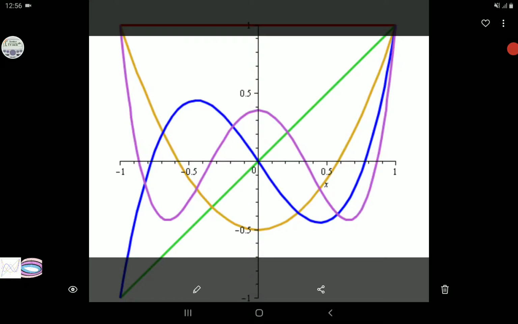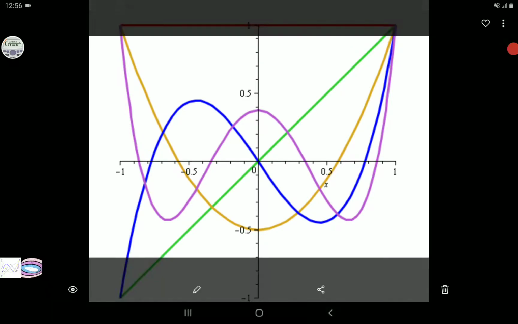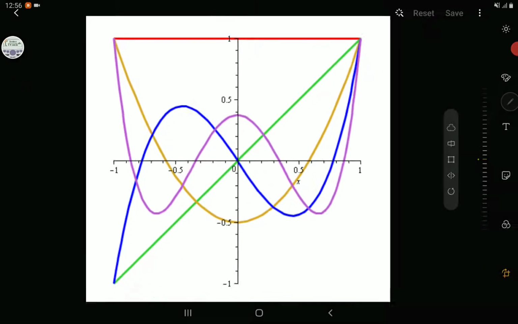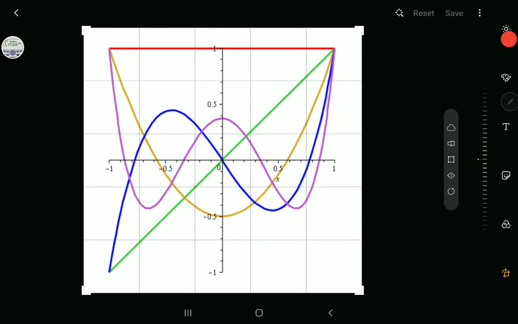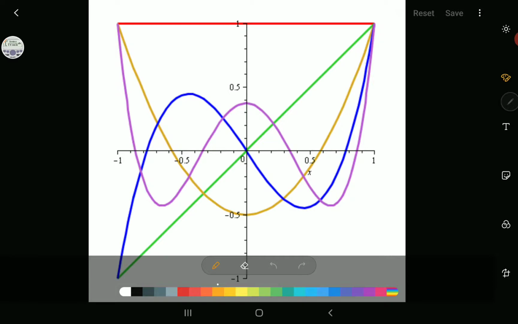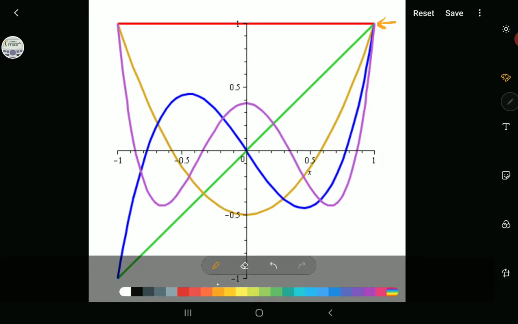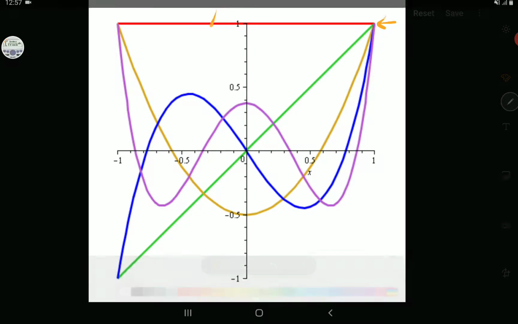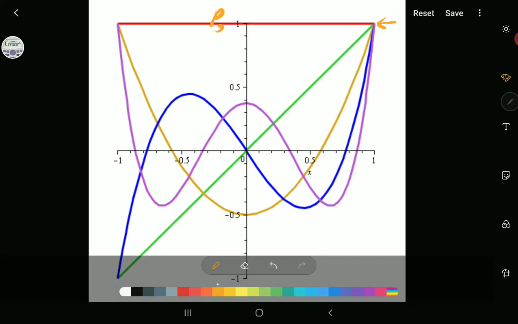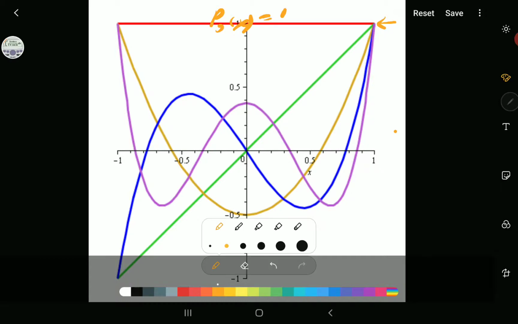All right, so here is the graph of these polynomials here. So the red one at the top here, this is your Legendre polynomial of degree 0. Remember, that one is equal to 1.